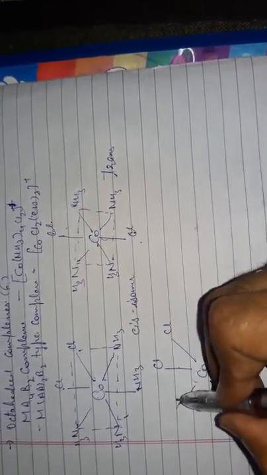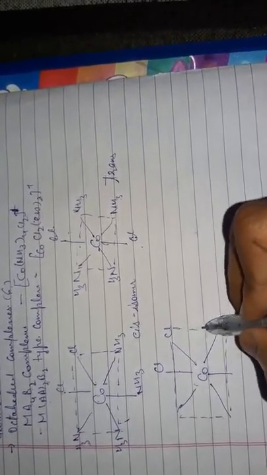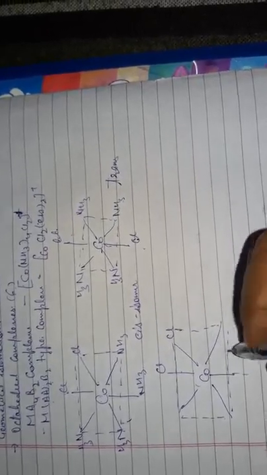Bidentate ligands are those in which two atoms donate electrons to the central metal atom in the formation of the coordination complex. So here we use en in this complex to form a structure like this.